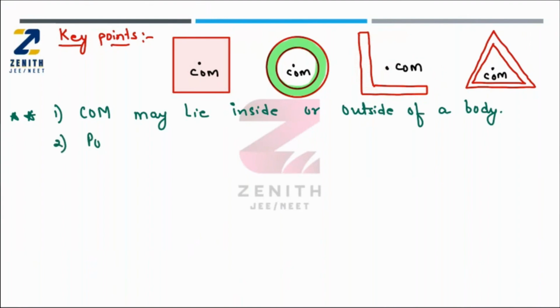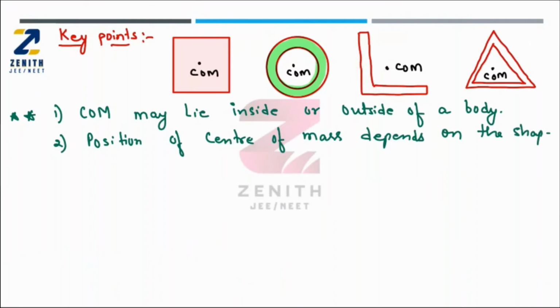The second point is the position of center of mass depends on the shape of the body. Center of mass position is also dependent upon what kind of shape the body has.